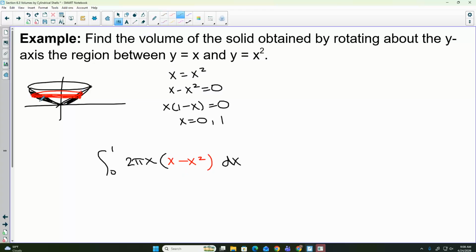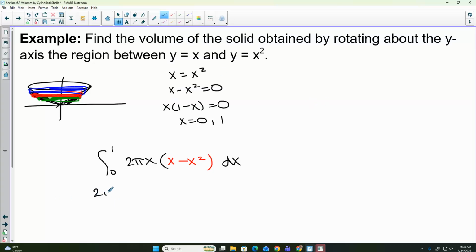It's saying if I took a bunch of little shells here, like 3-dimensional pieces, and found their volumes and put them together, the height of those is the higher curve minus the lower one. And that's why we're working in terms of x. With the washer method, we would probably be working in terms of y, because we would have a clearer high and low point.